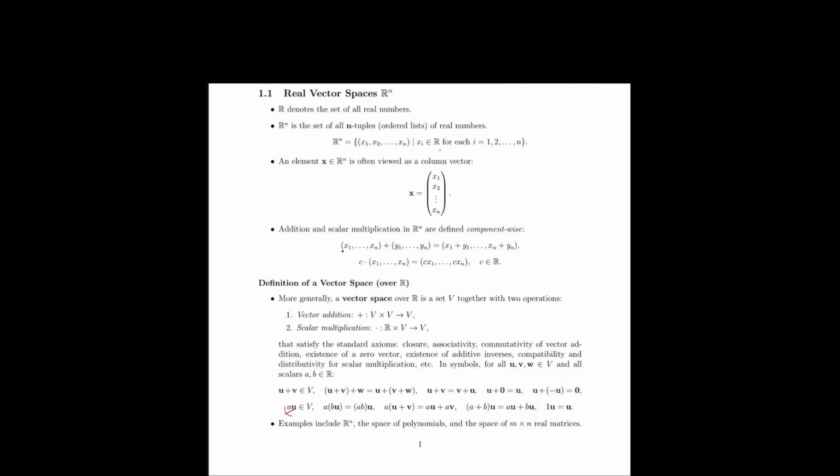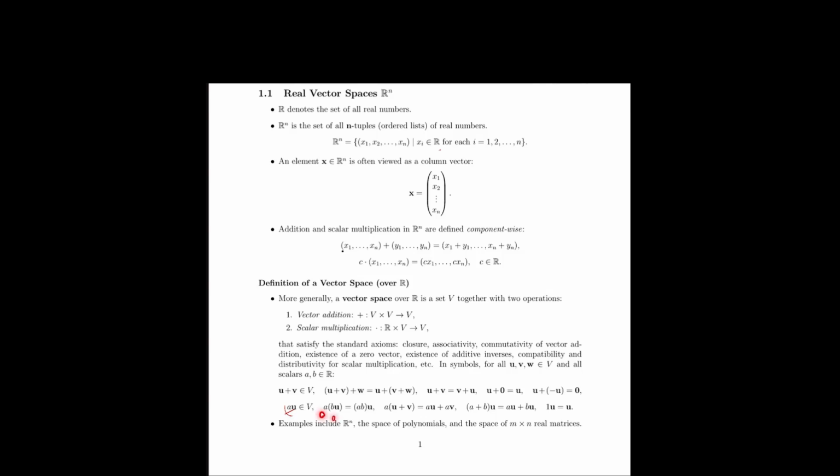Compatibility and distributivity for scalar multiplication: if you choose a and u, where u is a vector and a is a scalar, and multiply them together, the result will be another vector in the vector space.